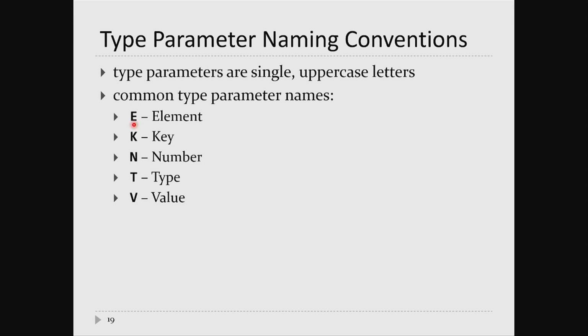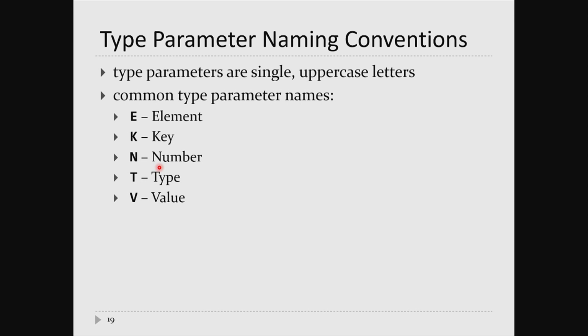If you make a collection like a list or a stack, then normally the element type is called E, capital E. If you're making a map or some other keyed collection, you use K for the key.